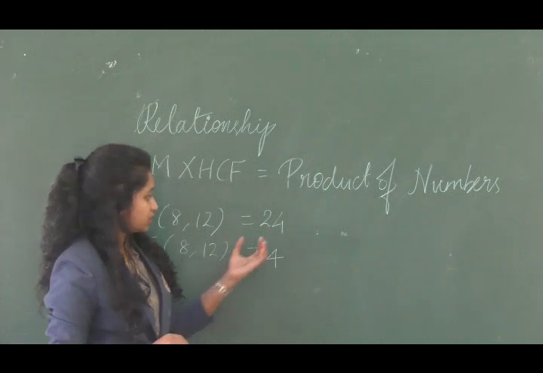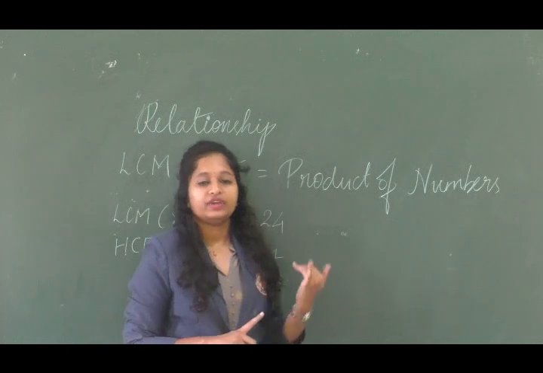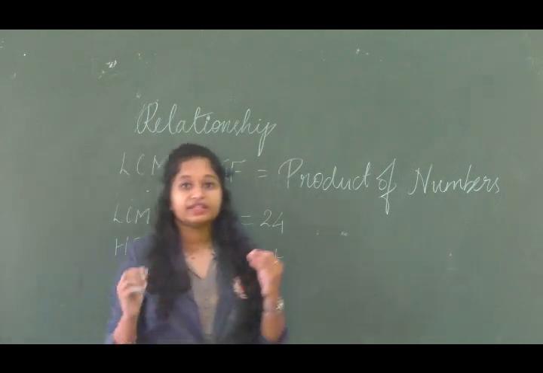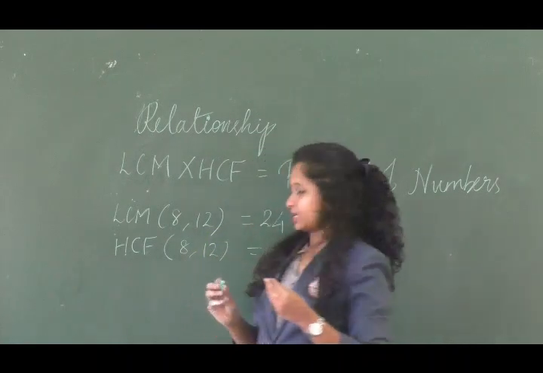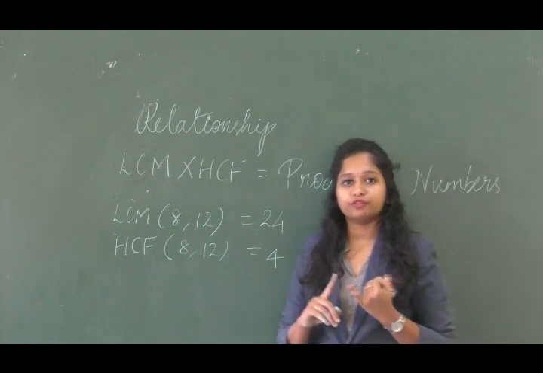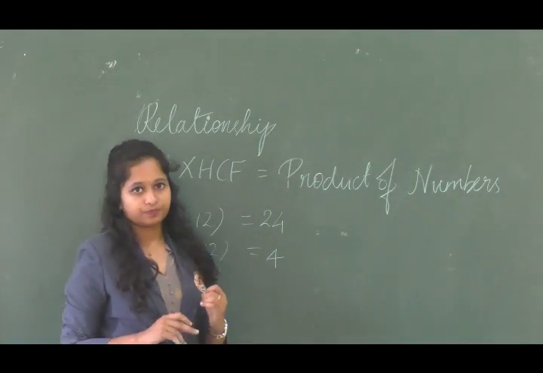The LCM is 24. The lowest common multiple of 8 and 12 is 24. And the HCF of 8 and 12 is 4. Highest common factor of 8 and 12 is 4.